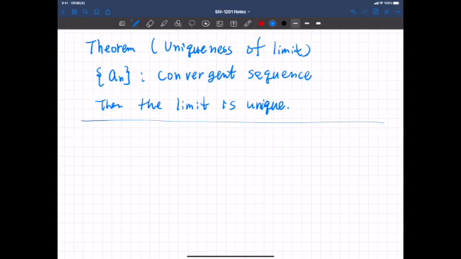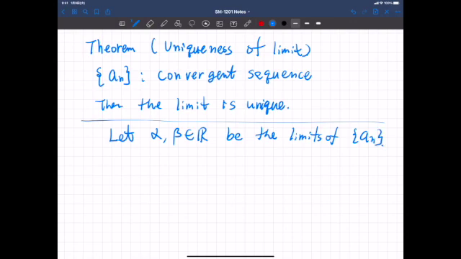So suppose we have two limits. Let alpha and beta, which are real numbers, be the limits of this sequence.